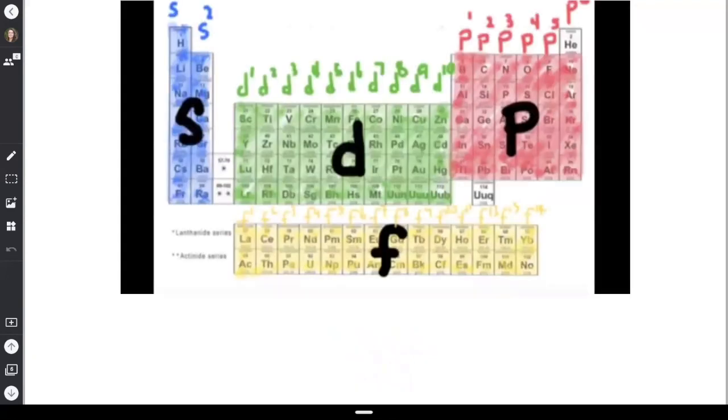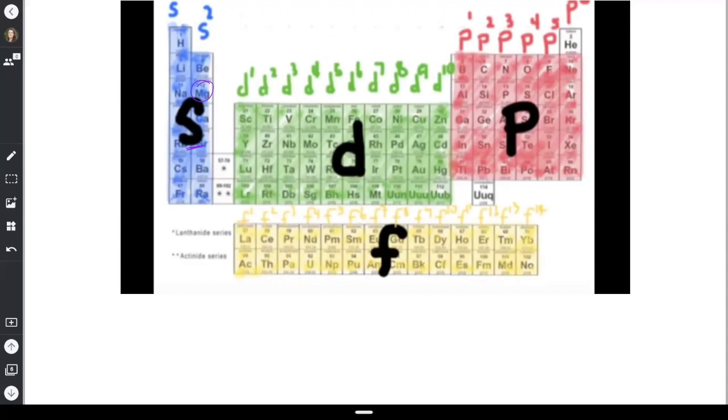So when you're writing your electron configurations, what you'll notice is that depending on what block in the periodic table that element is in, it will end in that respective orbital. For instance, if we were looking at magnesium, my electron configuration should end with the s orbital.